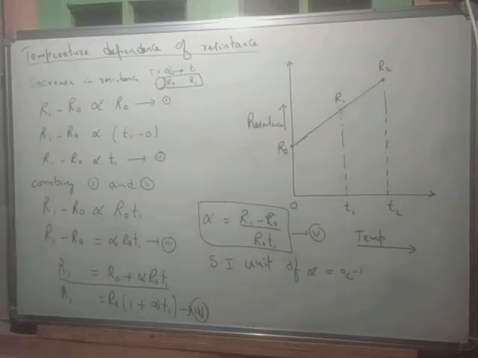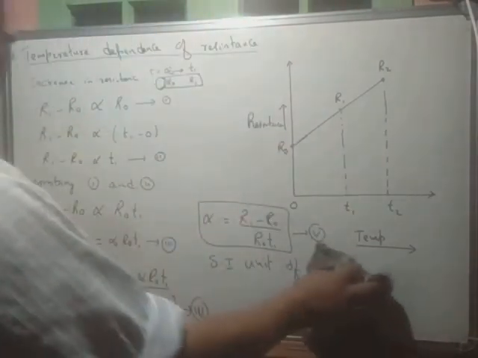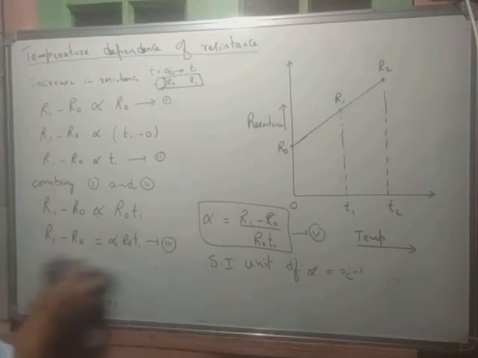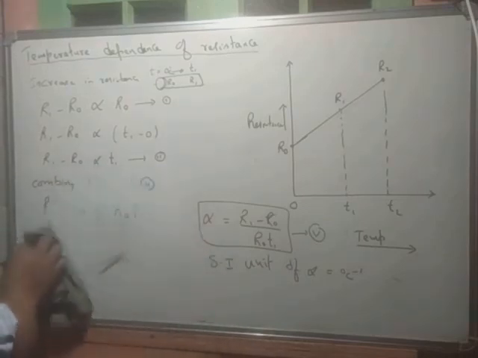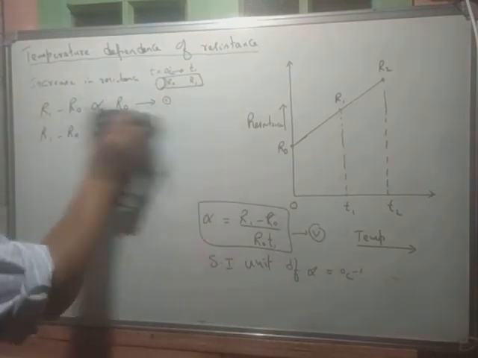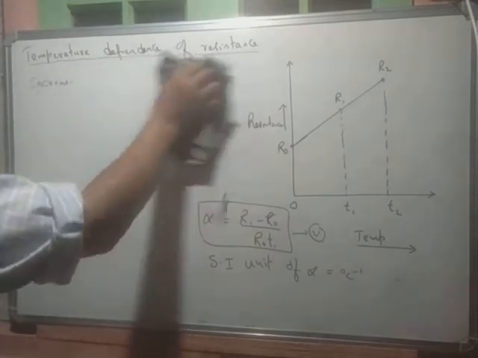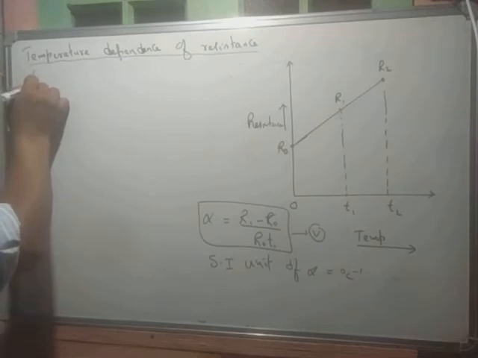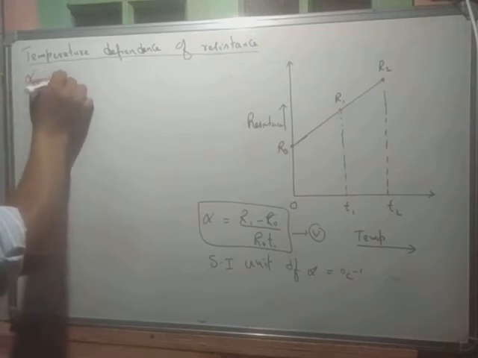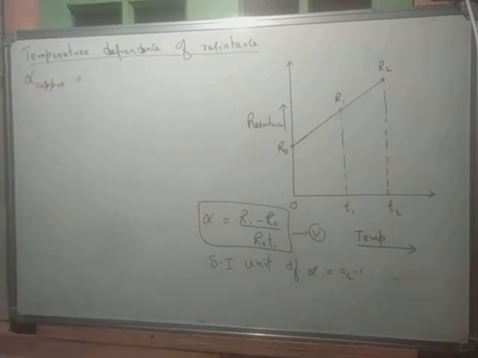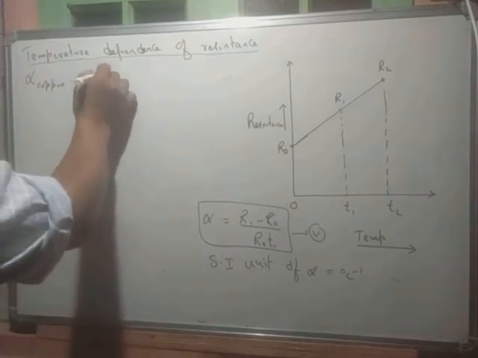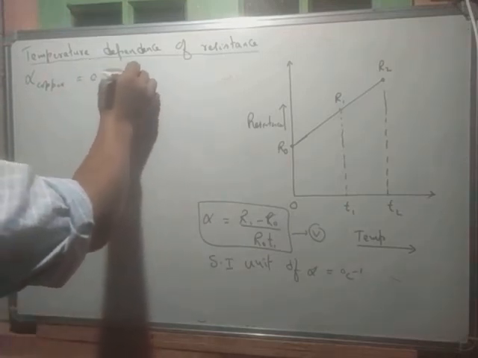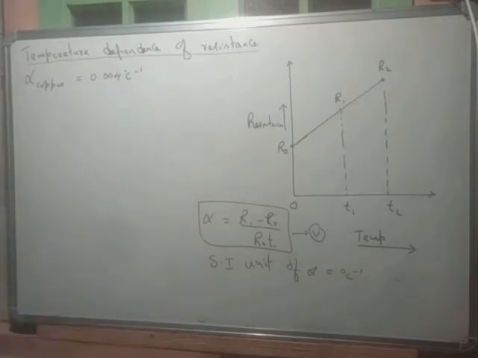Now let me take you through an example about copper. If the temperature coefficient of copper, let's say, is equal to 0.004 per degree Celsius, what does it mean?